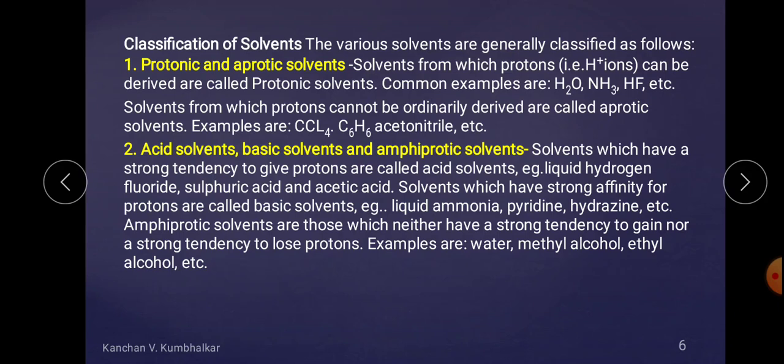It can act as acidic as well as basic, depending on what it is with. If water is with an acid, it behaves as a base. If water is with a base, it acts as an acid. So, with respect to the other compound present with the solvent, it acts appropriately as an acid or a base. Such solvents are considered amphiprotic in nature.